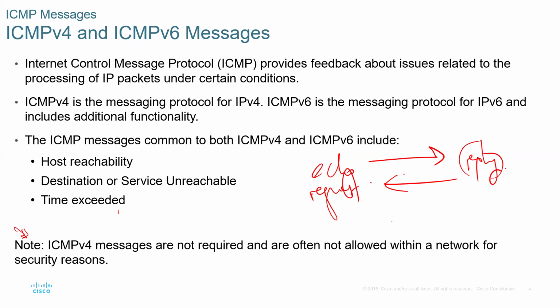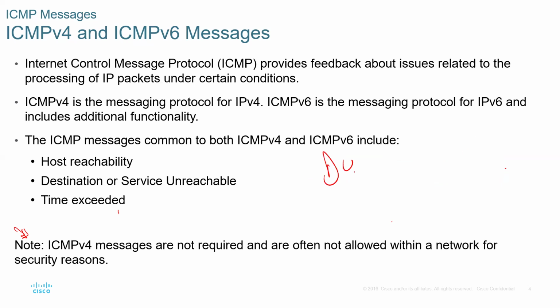DOS attacks, denial of service. For DOS attacks, we have what we call ICMP flooding. With ICMP flooding, an attacker just overwhelms the network with ping requests, probably targeting the default gateway and overwhelming it with a lot of ping requests.